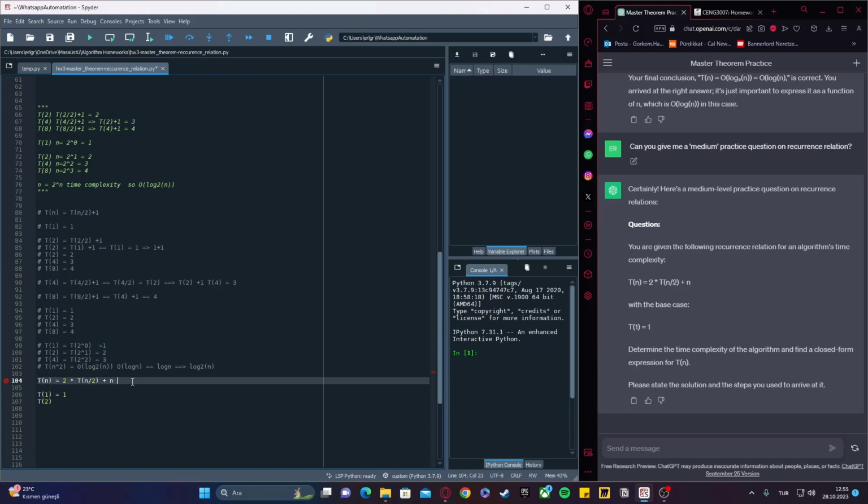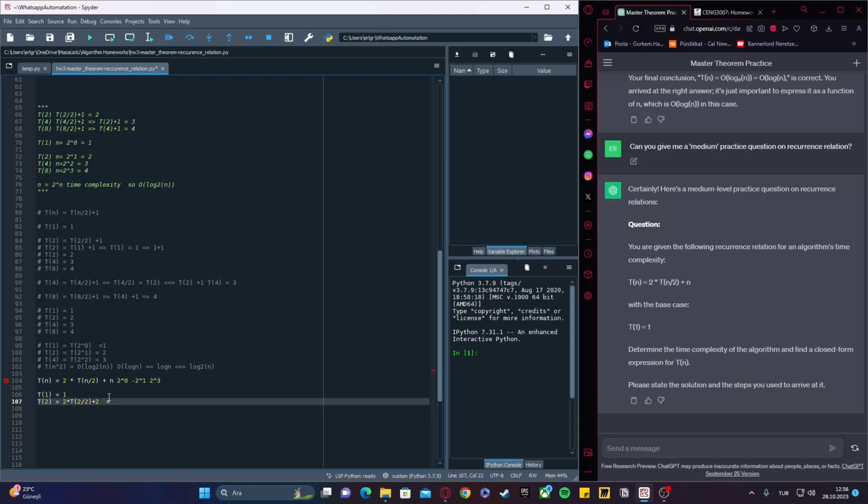So we can express it like 2 power 0, 2 power 1, to 2 power 3, etc. And for the second one, 2 times T(2/2) plus n, where n is 2 right now, so we should write it in here.